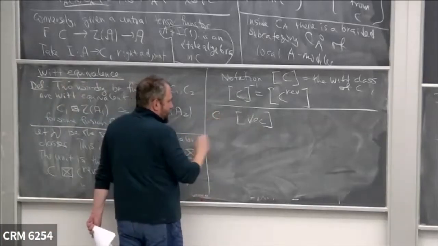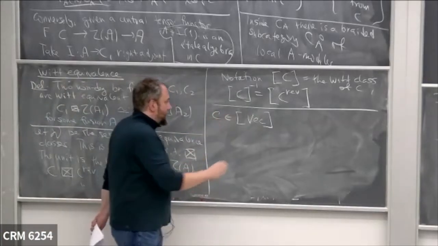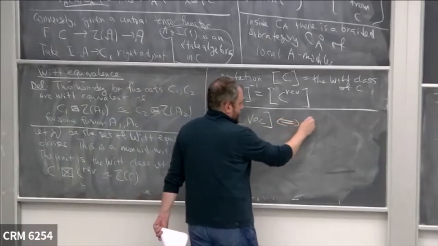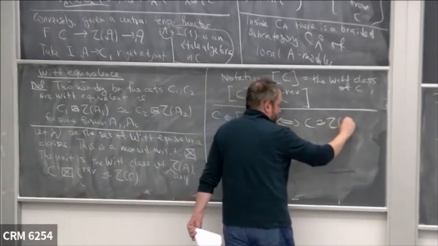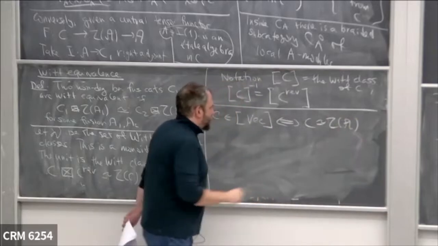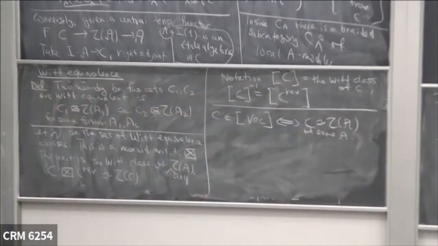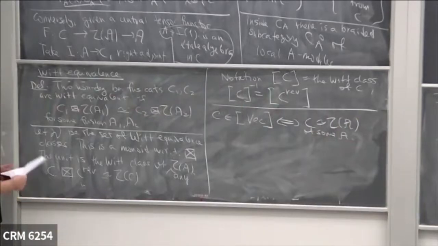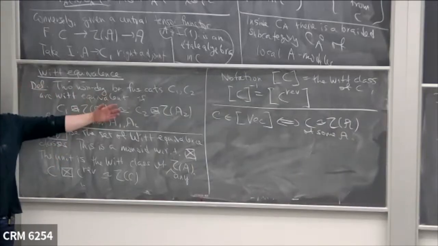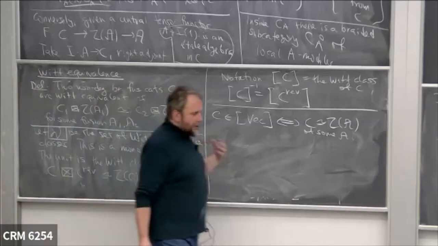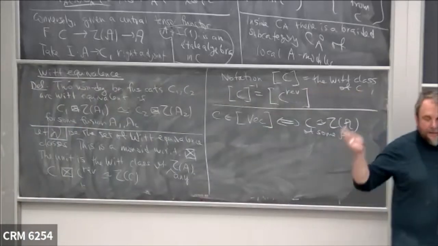And then one shows that C belongs to the trivial class if and only if C is the center of some fusion category. So you can think of this Witt group that we construct as a quotient of the monoid of all non-degenerate braided categories by Drinfeld centers.